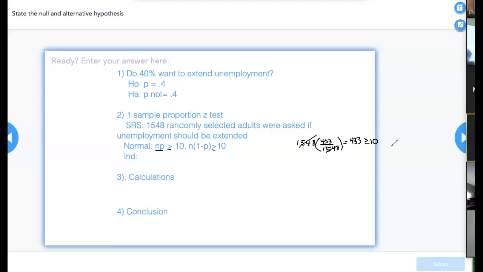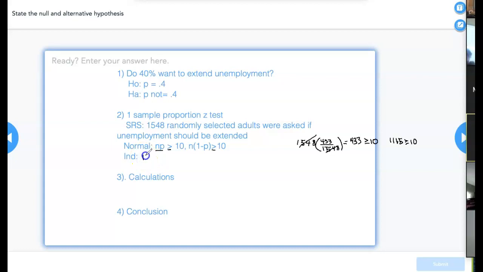That's your number of failures, or the number of people that say no is 1115. Greater than or equal to 10. So that condition for normality is met. So we would write that in words. The condition for a normal distribution, this sample appears to be approximately normally distributed.